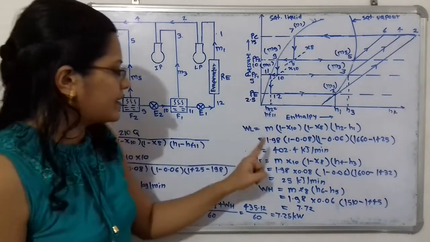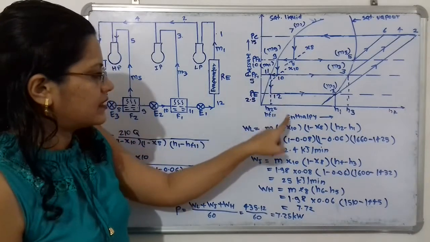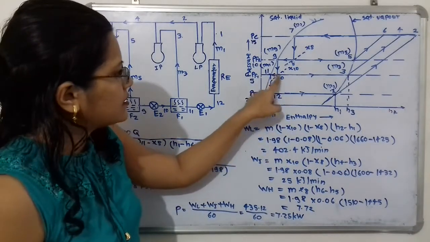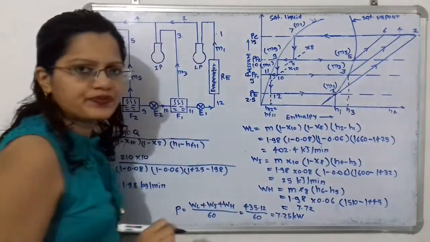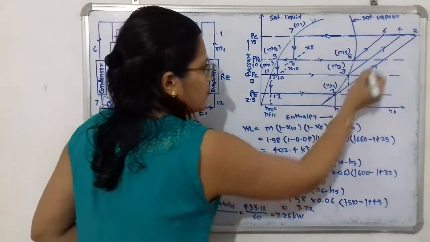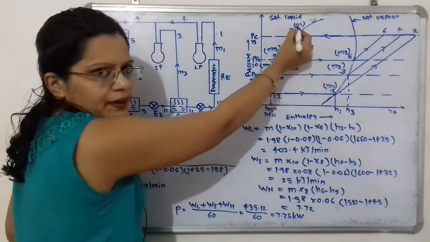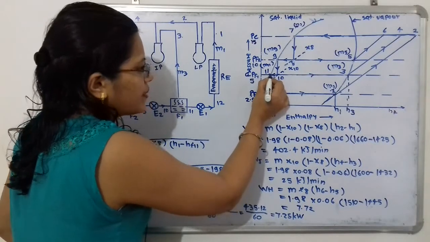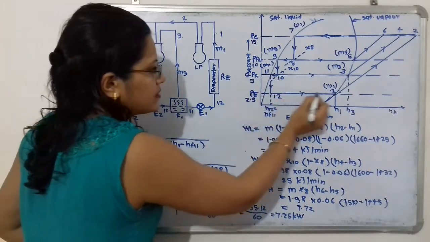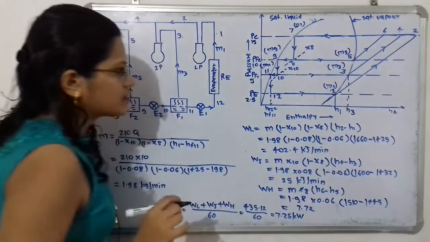So how to write it? M multiplied by 1 minus X10. At this point 1 to 2 the compression process is taking place, but we have the value of M, and we want the value of M11 because this same mass is provided to this low pressure compressor. So what is the formula?